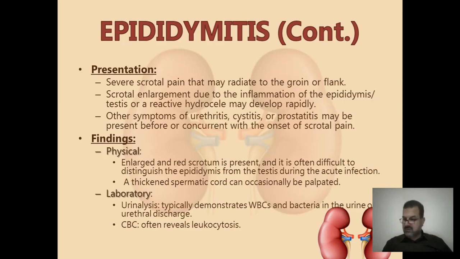Most of the time you will find signs and symptoms of urethritis, cystitis, or prostatitis that preceded this disease. On physical examination: large hemiscrotum, testis matted with the epididymis, very tender, with swelling or thickened spermatic cord.